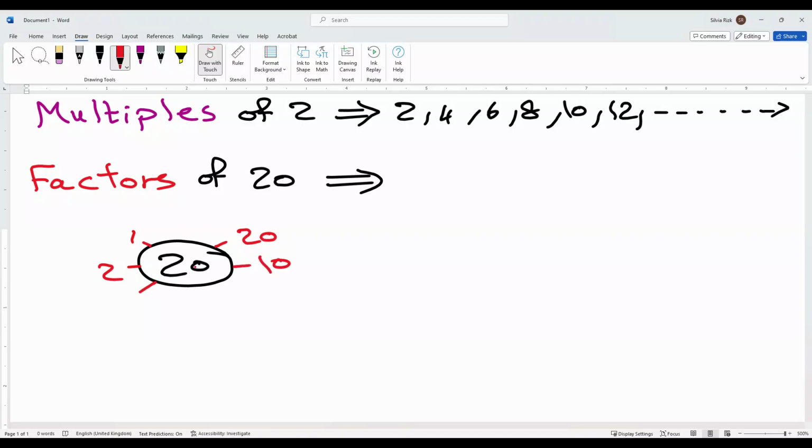Wait a second, this is an even number ending in 0, so it will never be divisible by 3. After 3, there is 4. 4 times 5, and you can tell that the circle is closed, no more numbers. So all the factors of 20 will be 1 and 20, 2 and 10, 4 and 5. Done.